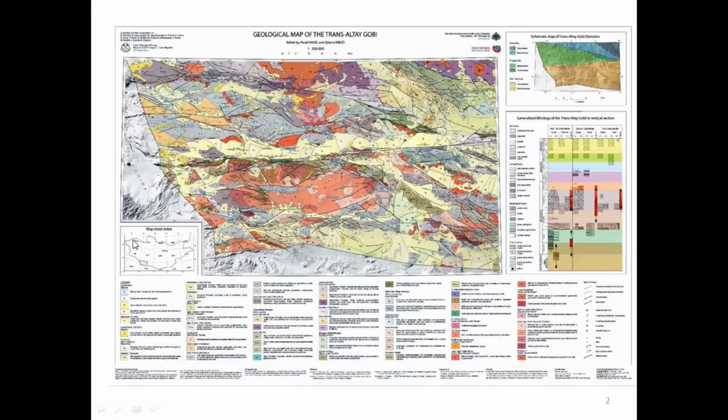Here you can see an index map. It shows that the state this map belongs to is located in the south, and if you want to see the other half of it, you just need to ask for the maps of these different states.